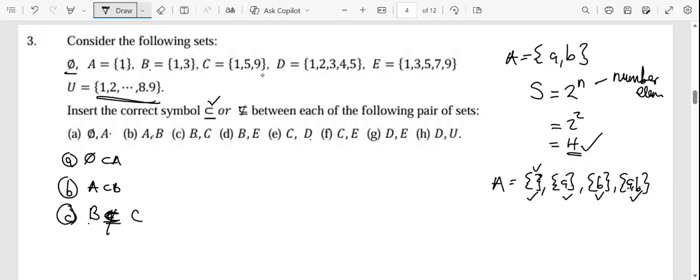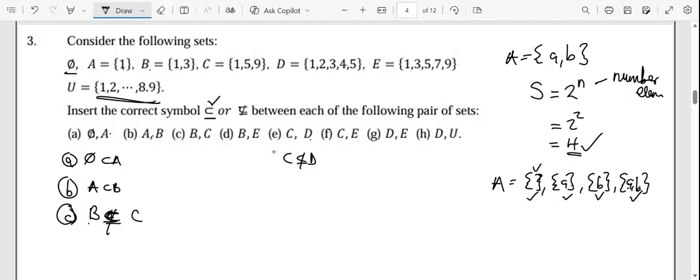C is not a subset of, okay, we can see 1, 5, and 9. So this one has a lot of elements, right? These elements are very few. They try by all means to be in this set, but it's failing. So we say C is not a subset of what? I.